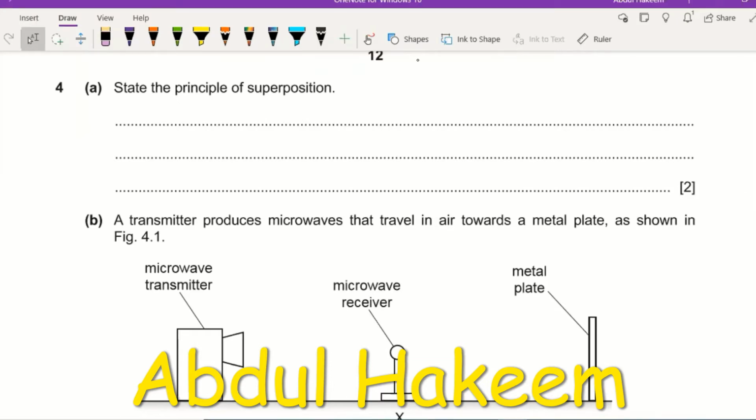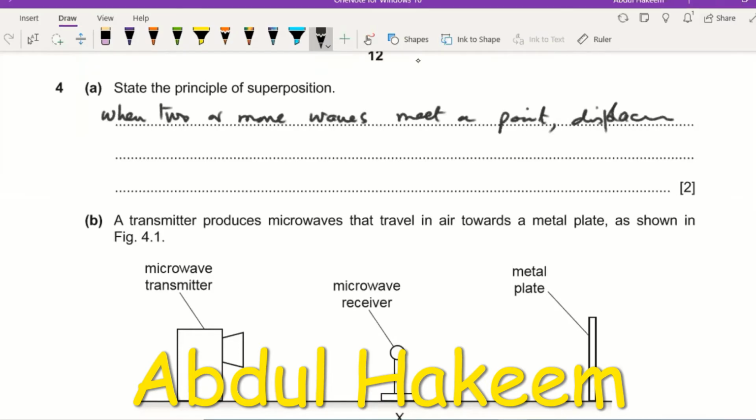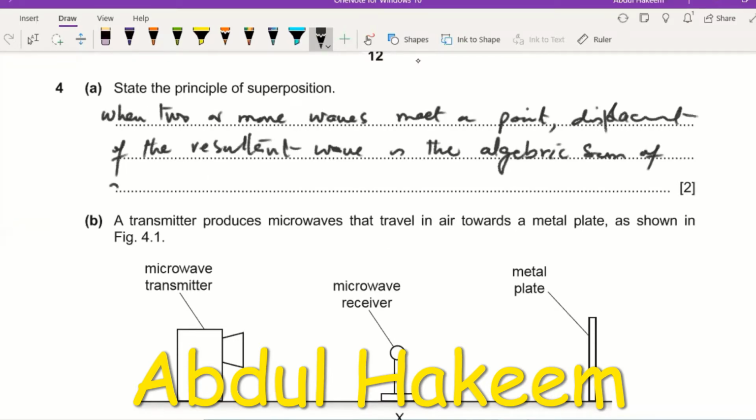So we will write, when two or more waves meet at a point, displacement of the resultant wave is the algebraic sum of displacements of individual waves. This is the principle of superposition.